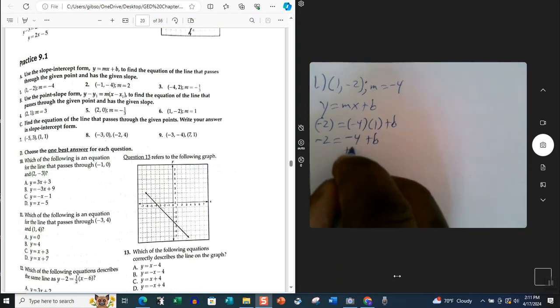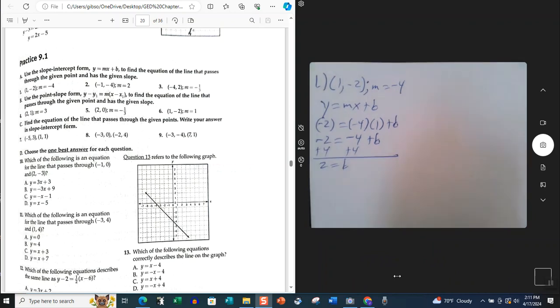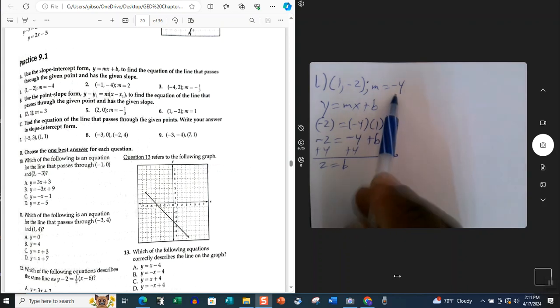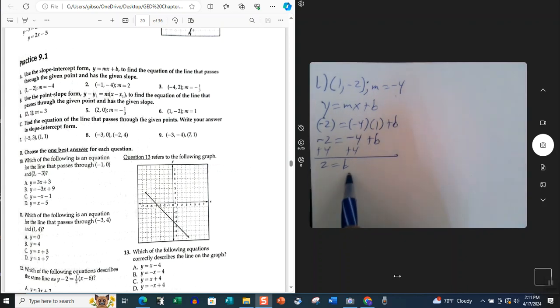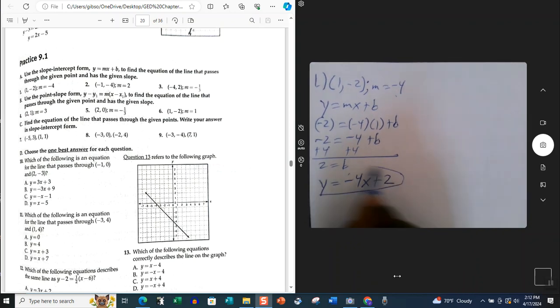So we would add 4 on both sides, and we have 2 is equal to b. So now all we have to do is substitute the slope and the y-intercept into this original equation. So we have y equals negative 4x plus 2. And this will be our equation.